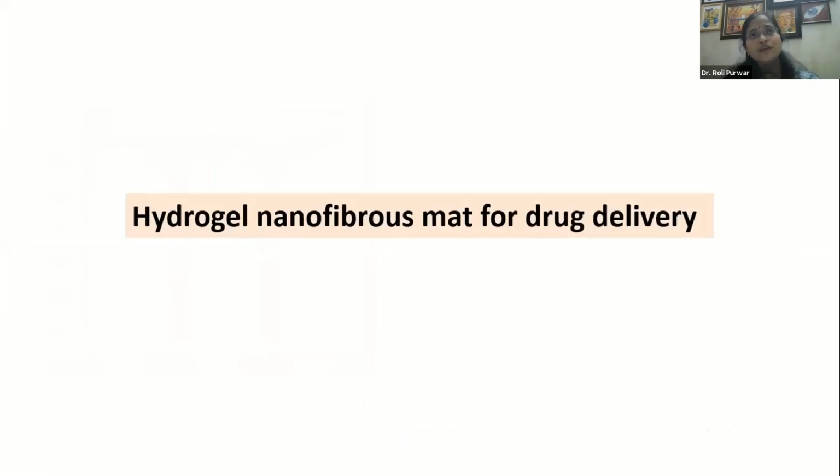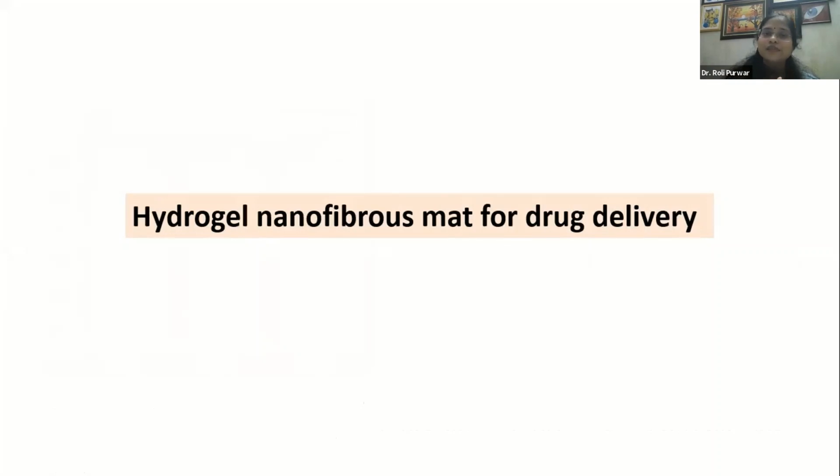One more introduction I wanted to give: we have also developed hydrogel nanofibrous mats for drug delivery. People are using hydrogel films as a dressing material, and the major disadvantage of hydrogel dressings in film form is that these films have very little strength.